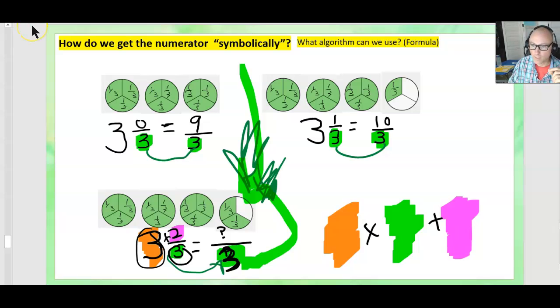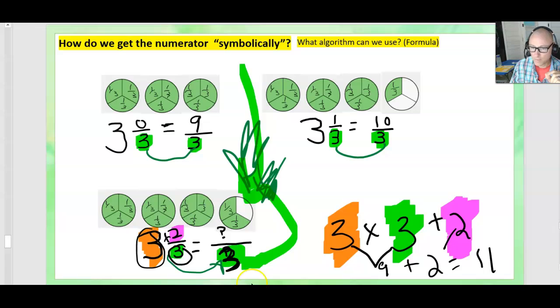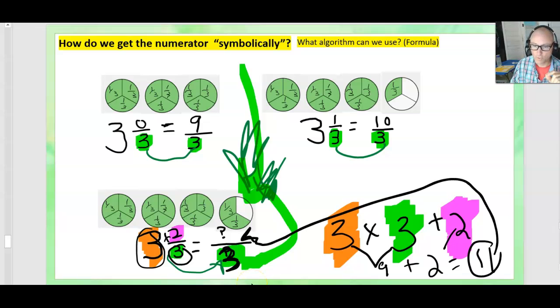And if we plug it in, the whole number here is 3, the denominator is 3, the numerator is 2. So let's solve it. What's 3 times 3? 9. 9 plus the 2 is 11. So this 11 goes right here as our new numerator.